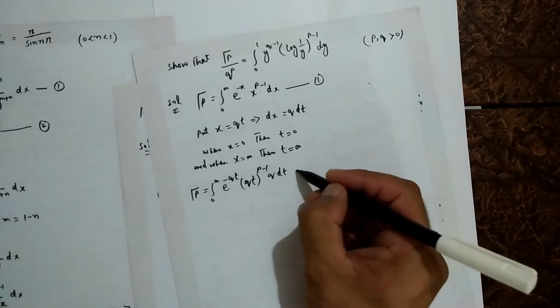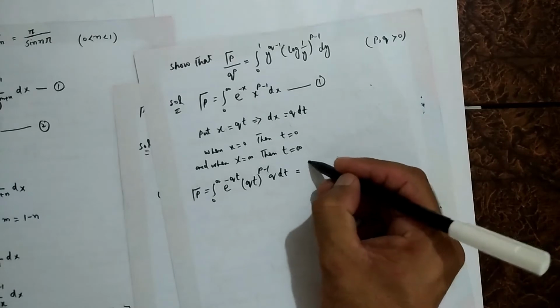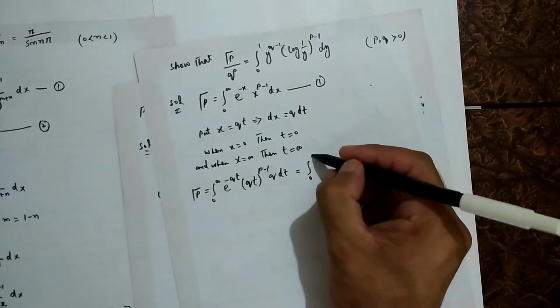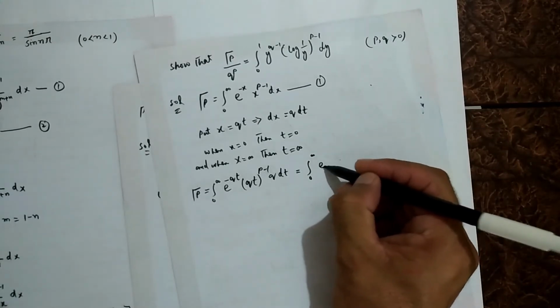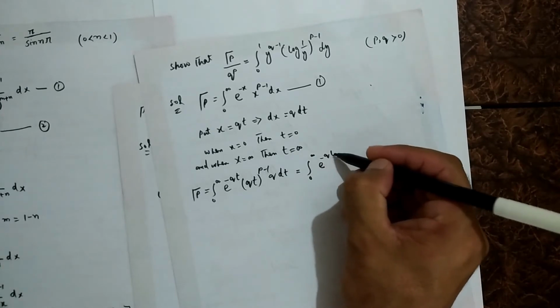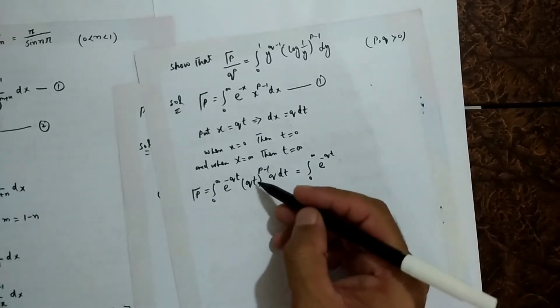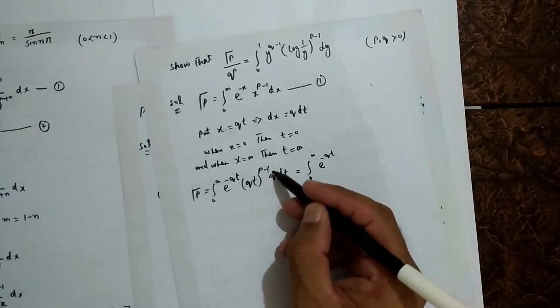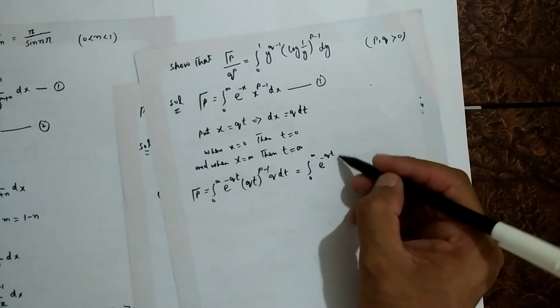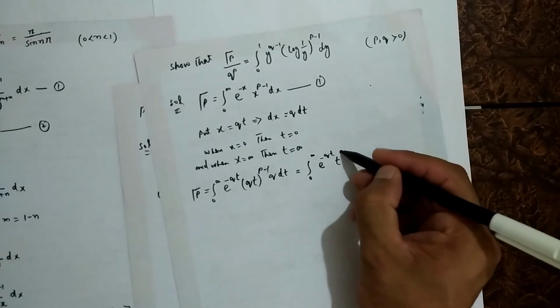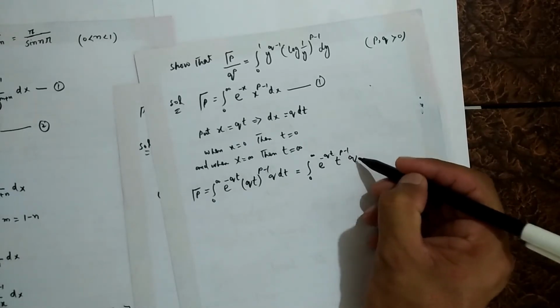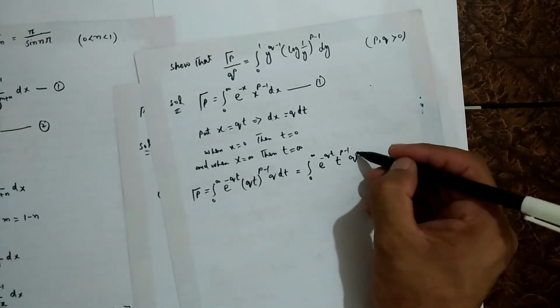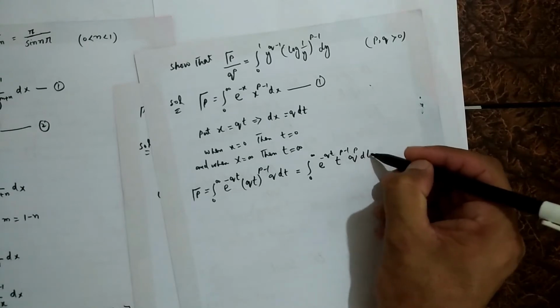Or this will be equal to integral from 0 to infinity e to the power minus qt, and here we have q to the power p minus 1 and here we have q to the power 1, so it will be t to the power p minus 1 into q to the power p into dt.